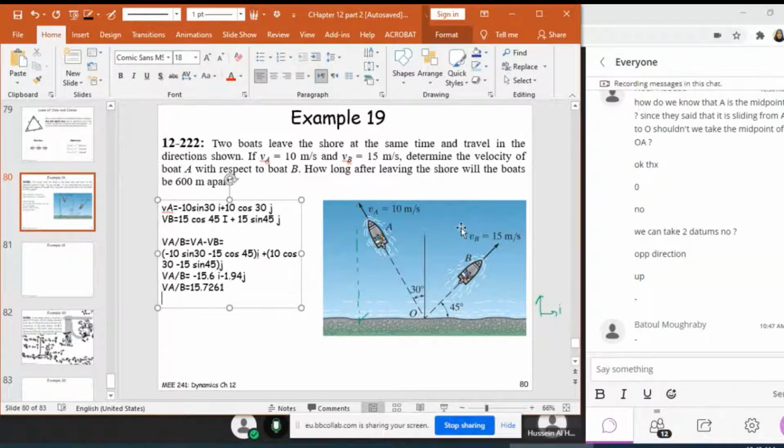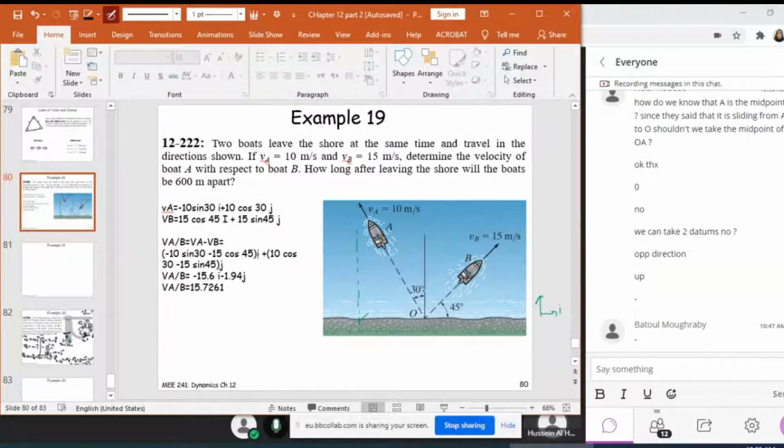But I'm not done, guys, because I not only have to find VA with respect to B in magnitude, I have also to find the angle. And since VB is much greater than VA, then VA with respect to B is always pointing to A, guys, because it's the velocity of A with respect to B.